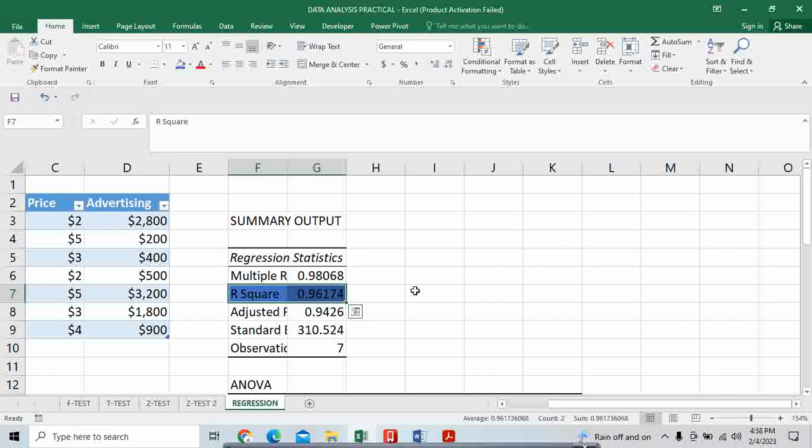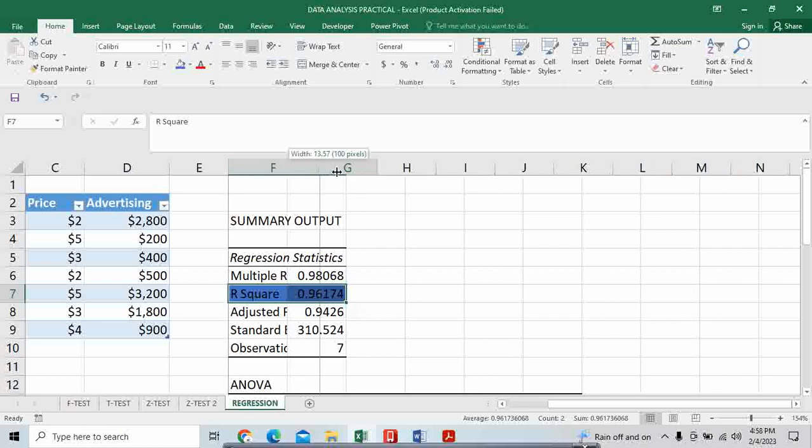So we can happily say that our business is doing well, and we are going to sell about 96% of our goods that we have in stock. If we invest all this amount here in advertising, and if we maintain the same price, which is these prices here, then we are going to sell about 90% of our goods or our services.